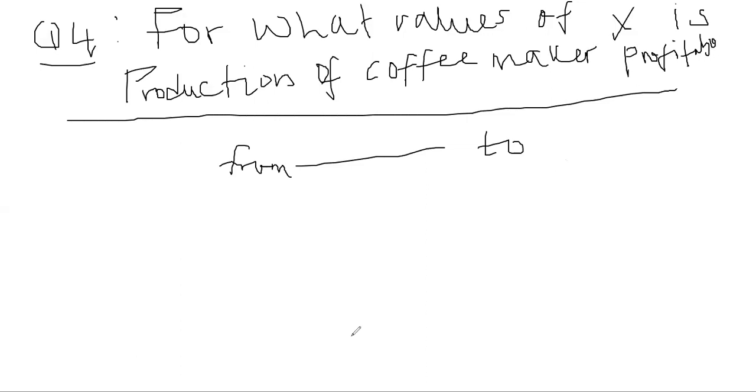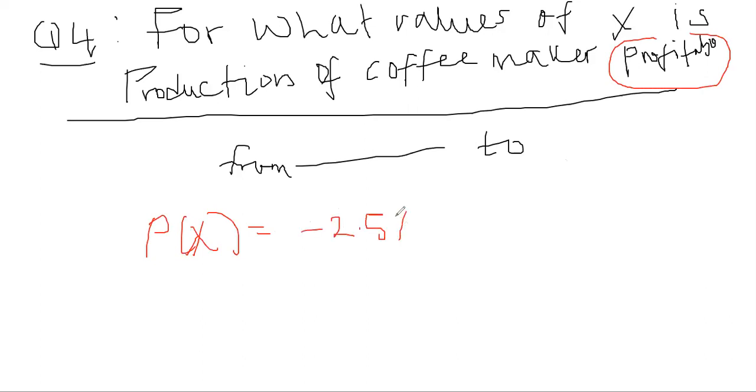Obviously, you know that we are dealing with the profit function. And we know our profit function is this, P of x equals minus 2.5x raised to the power of 2 plus 47.5x minus 85.